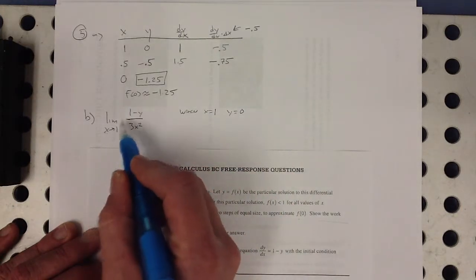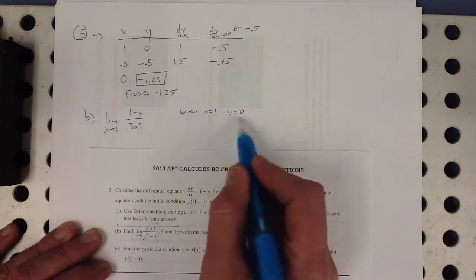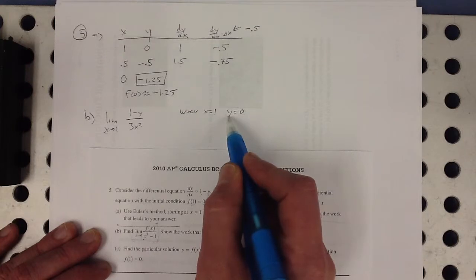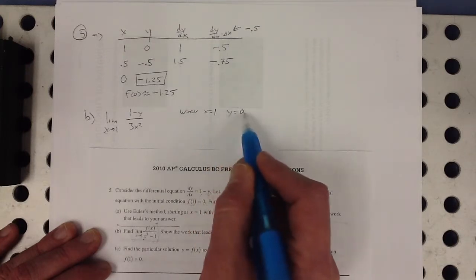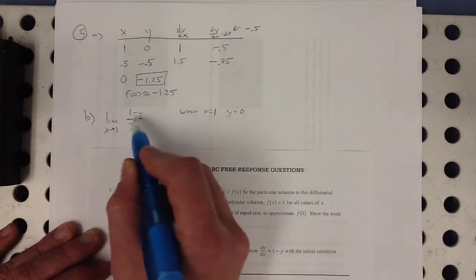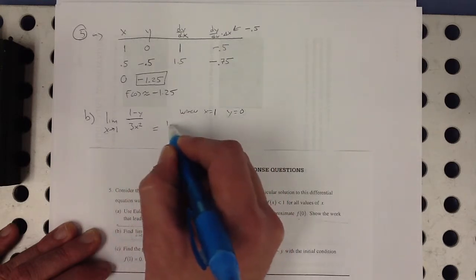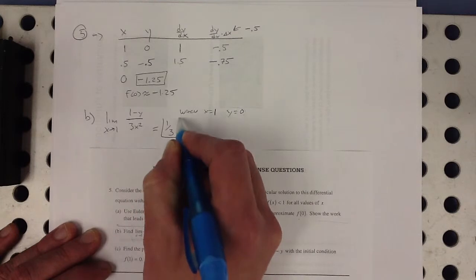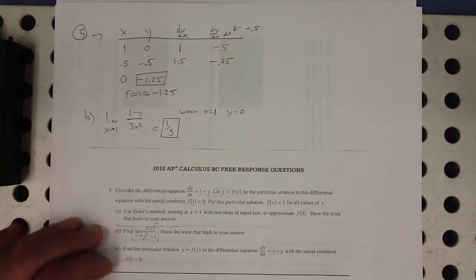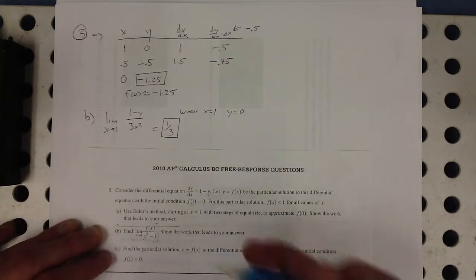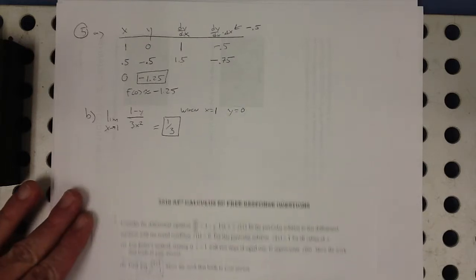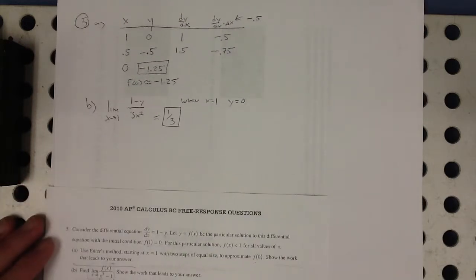So plugging in a 1 for an x is equivalent here to plugging in a 0 for a y, because x being 1 goes with y being 0. So 1 minus 0 over 3 times 1 squared is equal to 1/3. So we use L'Hopital's rule in a kind of novel way.